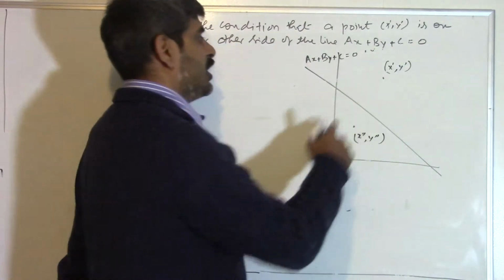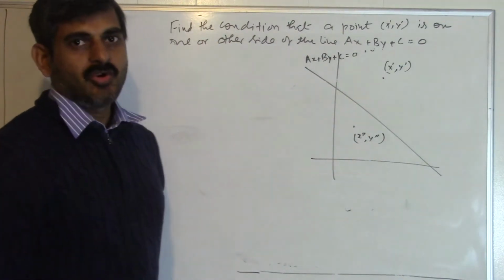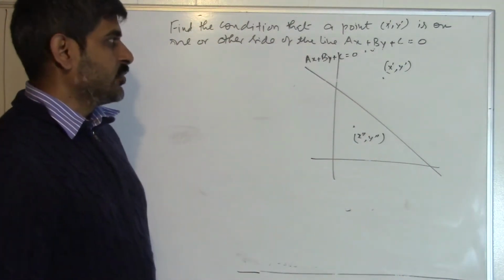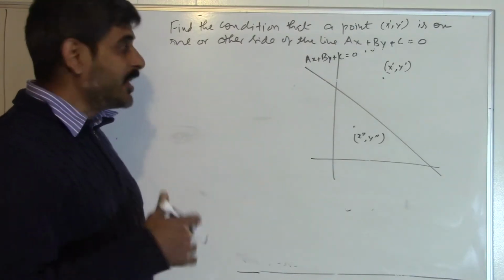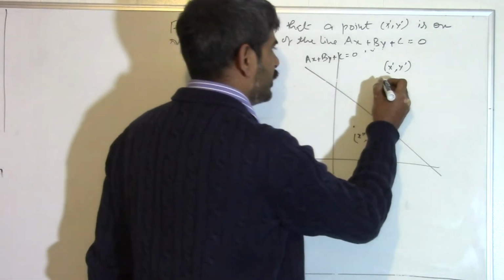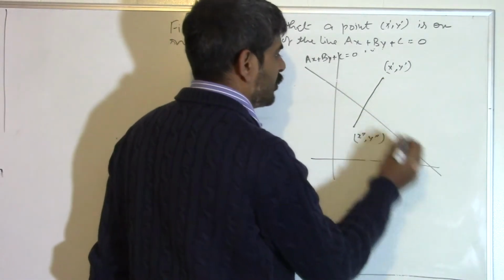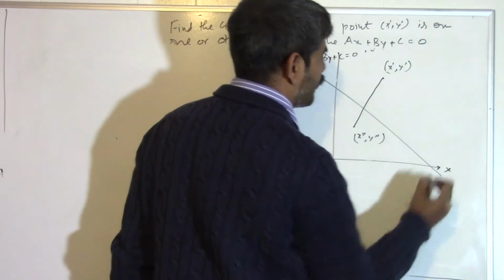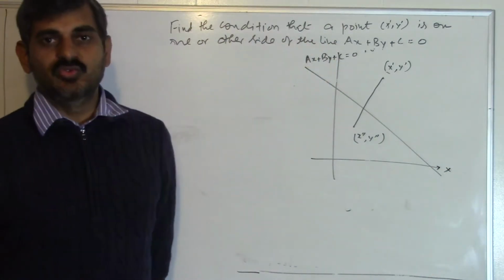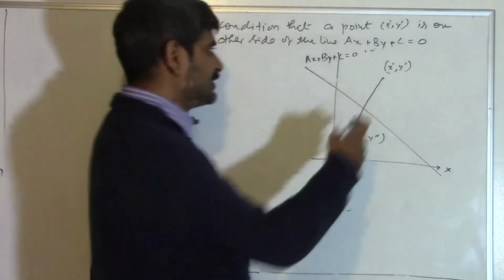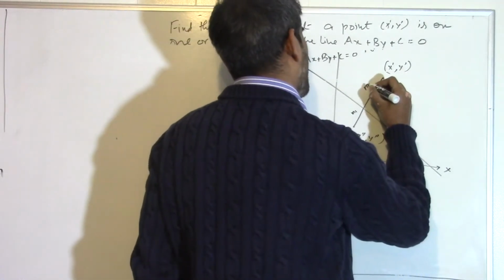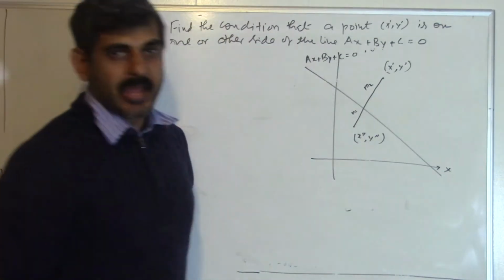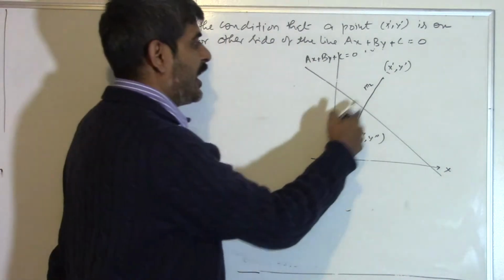They can be on the same side or they can be on opposite sides. We don't know beforehand if they are, we are just assuming that they are on the 2 opposite sides, and then trying to find out if our assumption is true or not. And let us say the line joining these 2 points divides this line in the ratio m1 and m2.